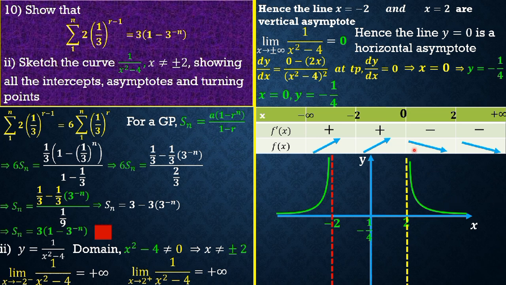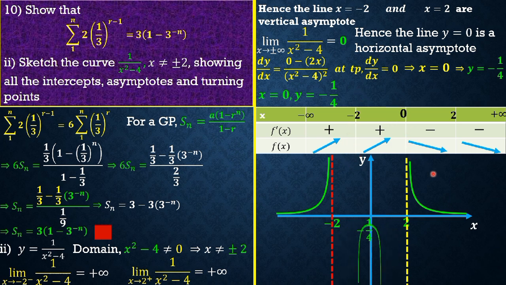Now, what happens in the region from -2 to 2? Do you see there's a turning point at x equal to 0 and y equal to this? So our curve is increasing from -2 to 0 but decreasing from 0 to 2. So the curve is going to be of this form.